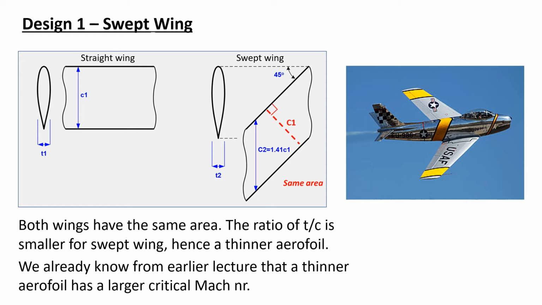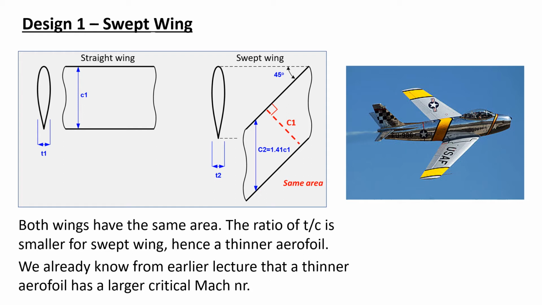But the other chord C2, which is the chord along the fuselage or streamwise direction, is 1.41 times C1 because it's 45 degrees, and C2 equals square root 2 times C1, so it's longer. So C2 is longer than C1.